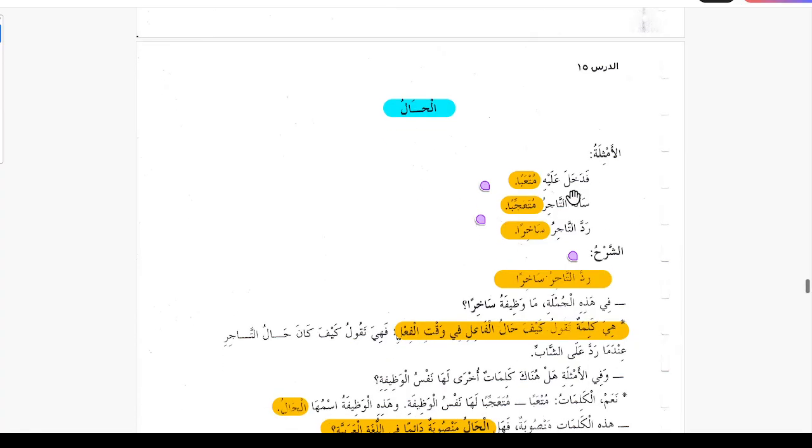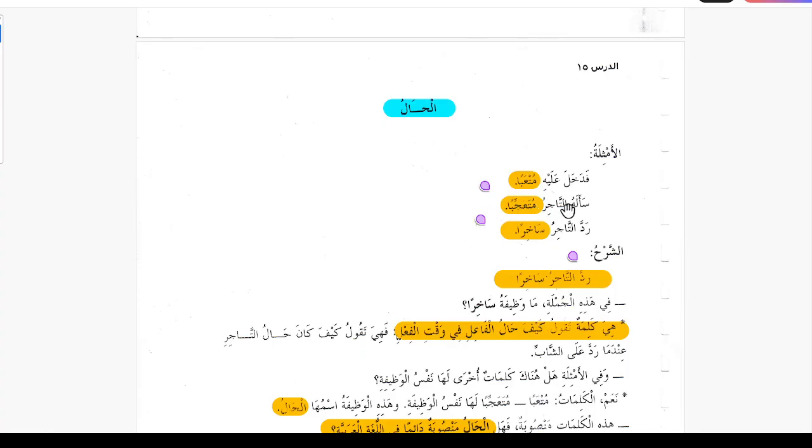Let's take this example: fadakhala alayhi muta'aban, so he entered upon him muta'aban, tired. So in what condition did he enter? When he entered, he was tired. So muta'aban tells the condition of the fa'il when he entered. Sa'alahu al-tajiru muta'ajjiban, the merchant asked him in surprise.